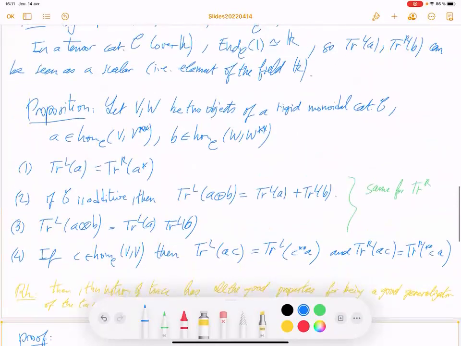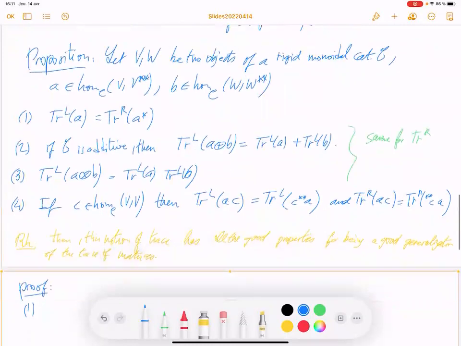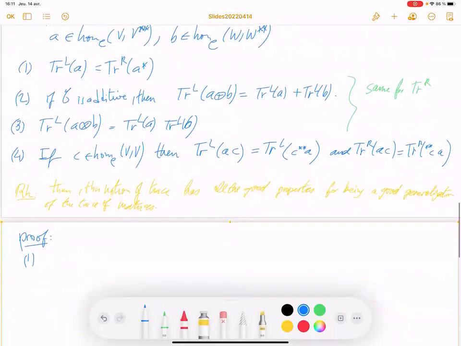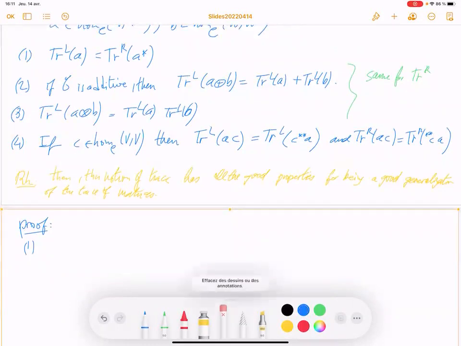So the relation between the left and the right trace. So let us prove one by picture.